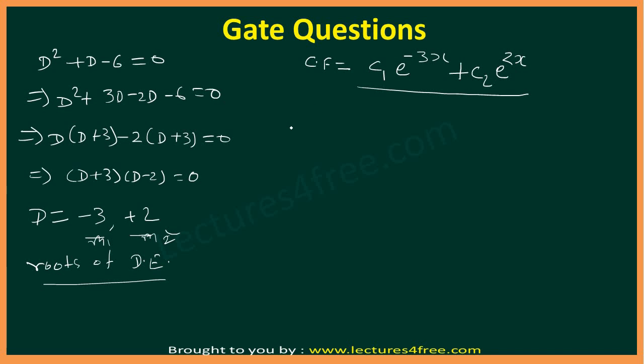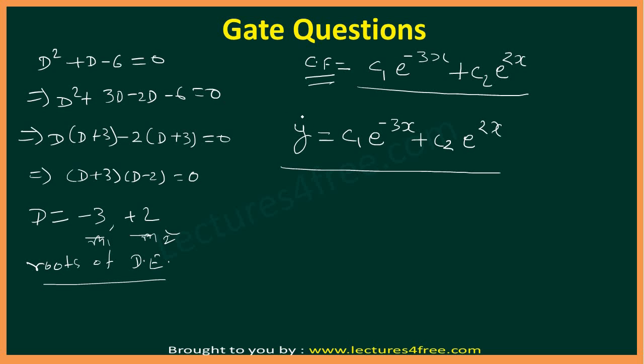So your complete solution, means y, because y is the dependent variable here, is equal to the complementary function: y is equal to c1 e to the power minus 3x plus c2 e to the power 2x. So you got this equation as your complete solution. Now see the options and see which option is correct.